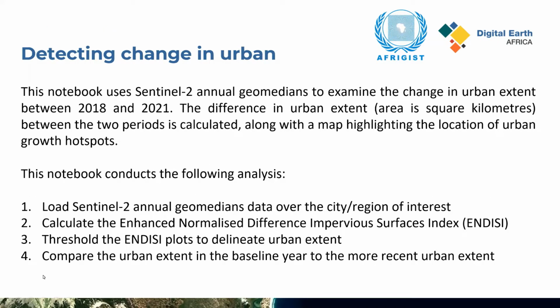So here the data used, which is also free data available on the platform, is a geomedian image based on the Sentinel-2 imagery. So the geomedian gives you, for a whole year, all good pixels. So there's no bad pixel at all, so you can make correct observations directly from a geomedian image. Here we would like to see what happened between 2018 and 2021.